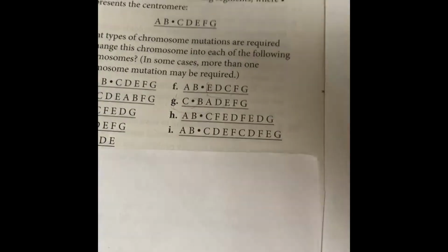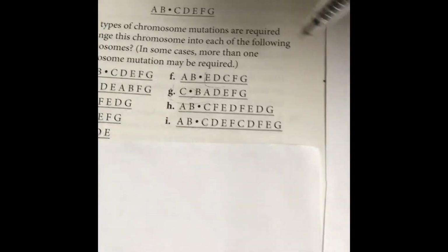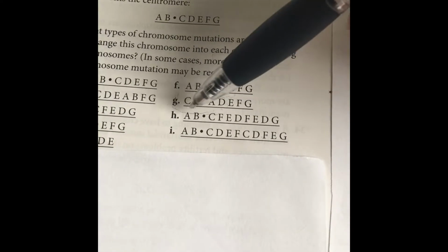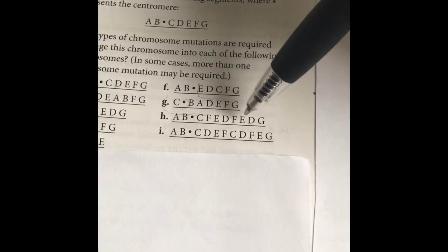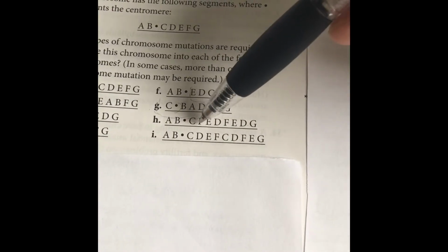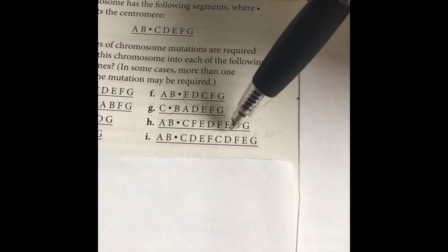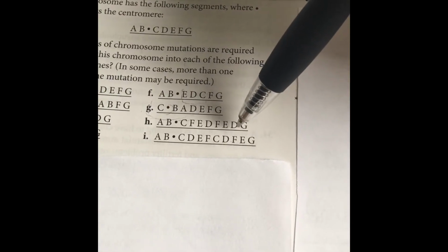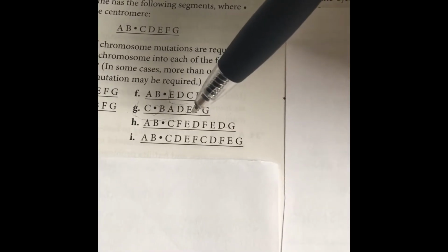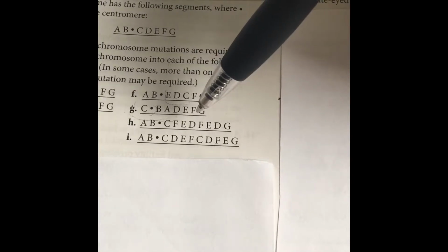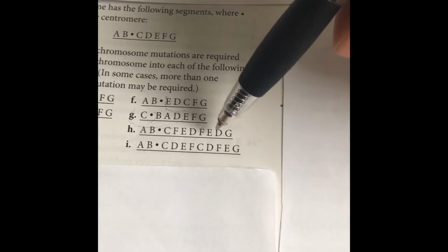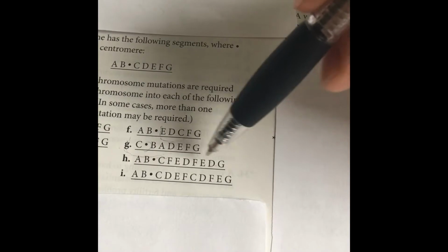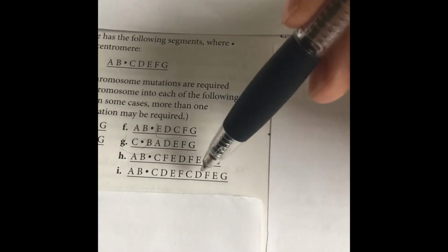Okay, H, immediately my mind's thinking there's going to be more than one mutation here, probably. A, B, C, D, E, F. Okay, there's a duplication because there's multiple F's, multiple D's, multiple E's, and then an inversion. Okay, so the duplication is tandem because DEF, DEF, that's what was duplicated.